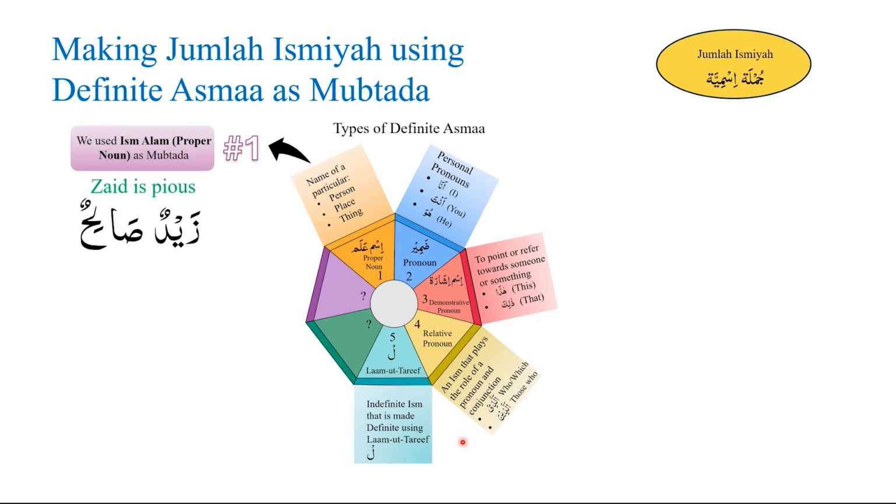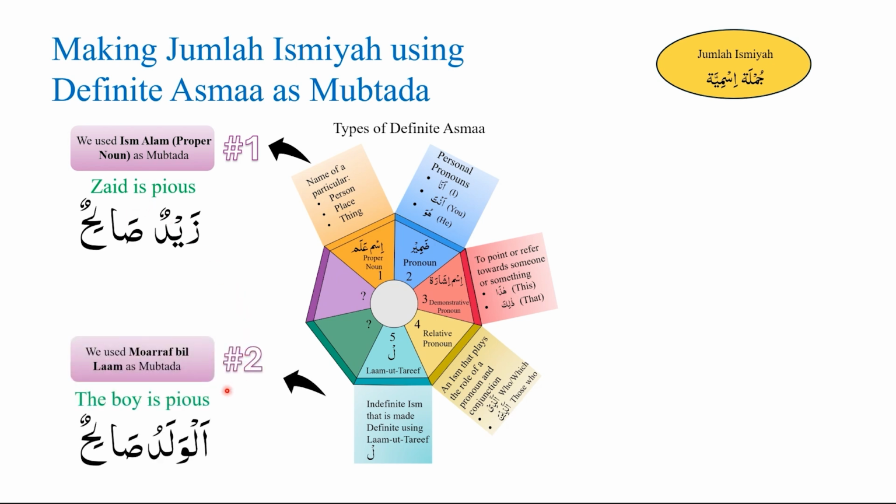First of all, we used ism alam or proper noun as mubtada, and we made Jumla Ismiya on the pattern of Zaidun Salihun. Zaid is pious. Zaid here is a proper noun. Next, we used Mu'arraf bil lam as mubtada, and we had the sentence Al waladu salihun. The boy is pious.